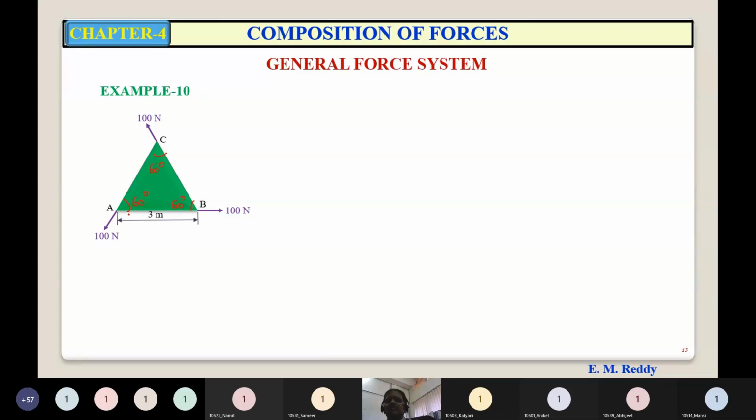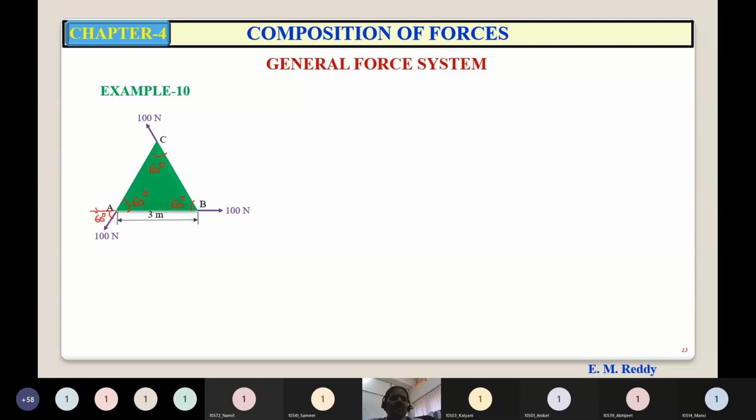So first what you have to do, you have to resolve each force into XY components, right? So this 100 Newton, which is acting at A, makes an angle of 60 degrees with the horizontal. See, all these three forces are acting along the sides of the triangle, along the side AB, along BC, and along CA.